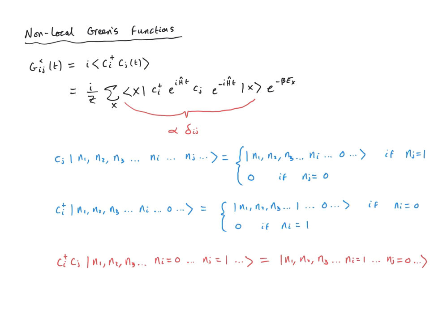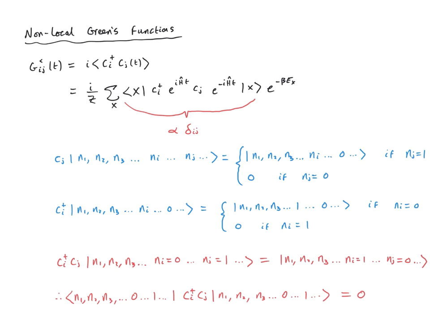Note also that the occupation numbers of all of the other orbitals are exactly the same on the left-hand side and on the right-hand side. The c i dagger c j operator doesn't affect the number of electrons in all of the other orbitals. Now, the important thing is that the matrix elements appearing in our Green's functions involve the same state, ket x, and bra x. It's the same x in both cases. x, of course, is just shorthand notation for all of these occupation numbers here.